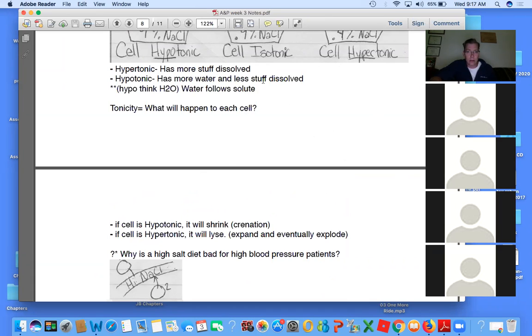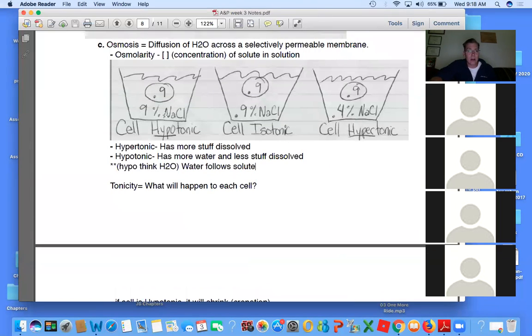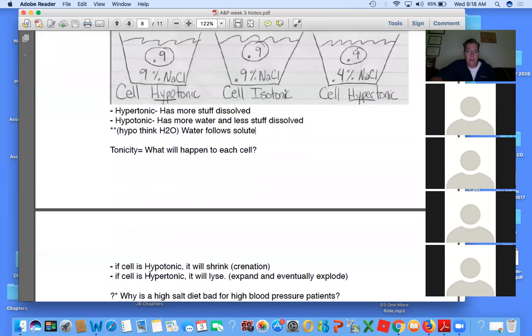Here I wrote it in a slightly different way: water follows solute, because technically it's anything dissolved. Water will always follow. So there's a lot of salt outside of beaker number 1. Water follows the salt outside, and so a cell that is hypotonic will shrivel and shrink.